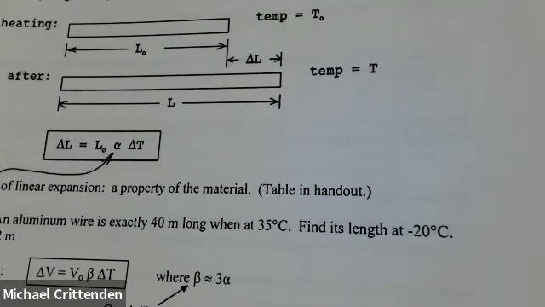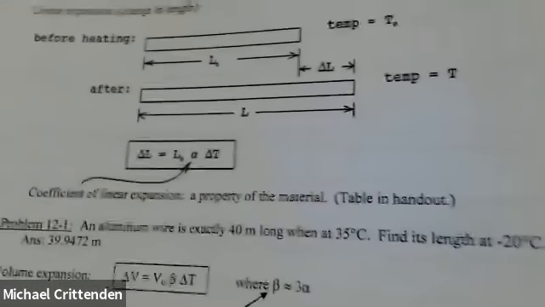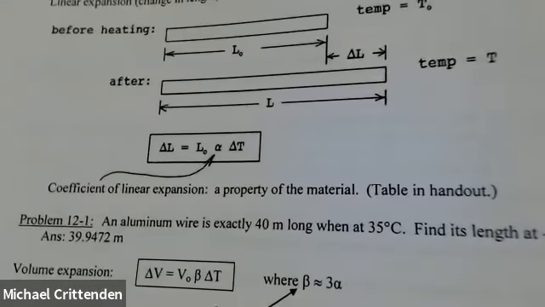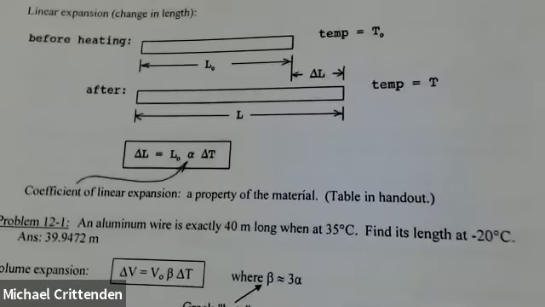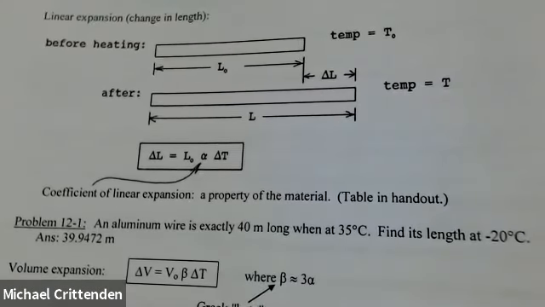I mentioned that when you do the experiment, half of the setups get an aluminum rod and the other half get a steel rod. And what you'll find if you compare your result to what happens at one of the other tables where they've got the other kind of rod, you're going to find that the aluminum rods expand roughly twice as much as the steel rods, going from room temperature to 100 degrees.